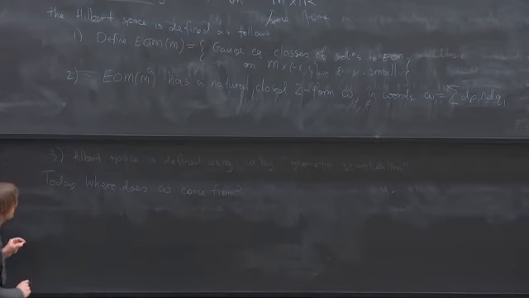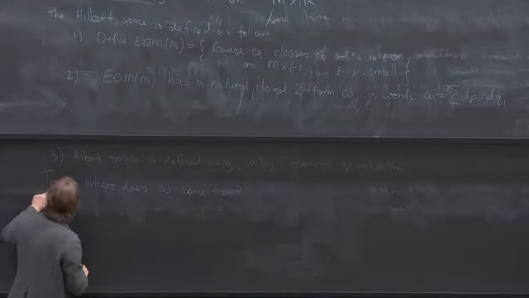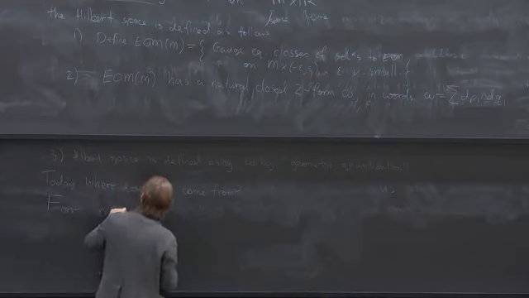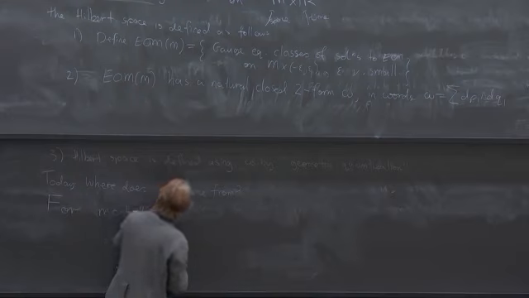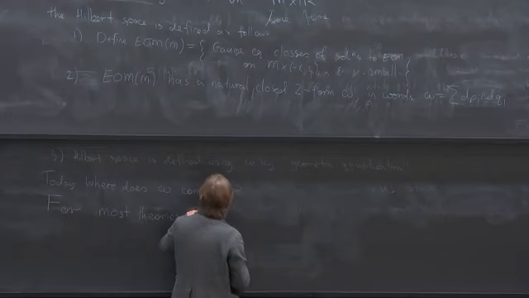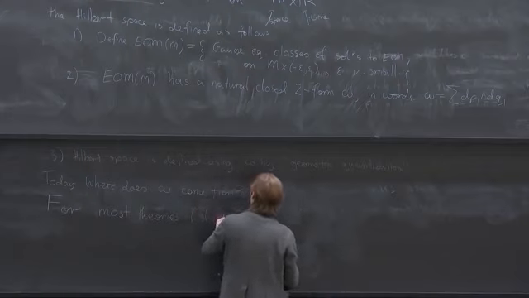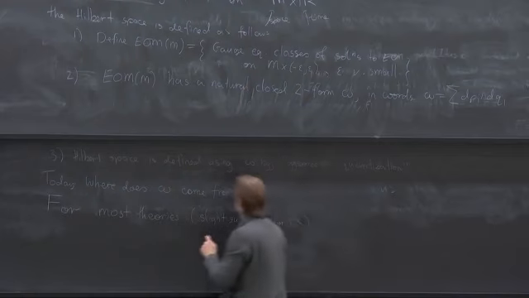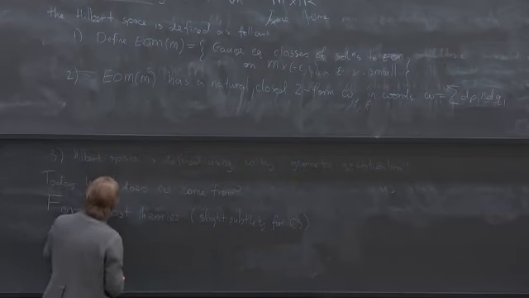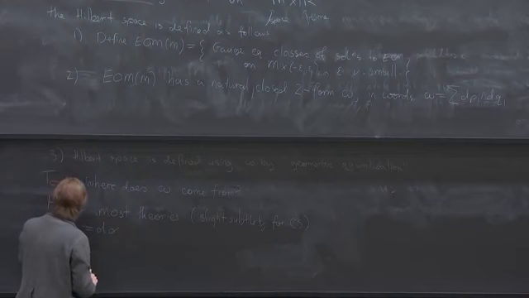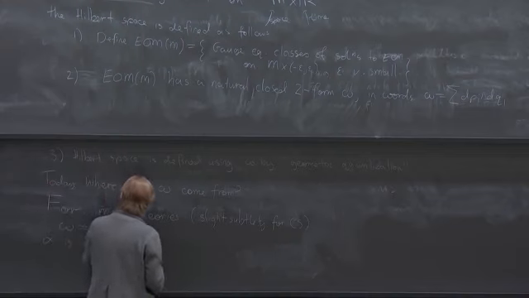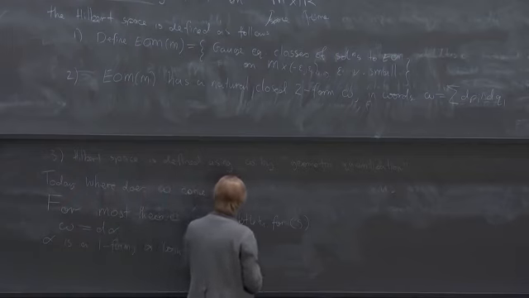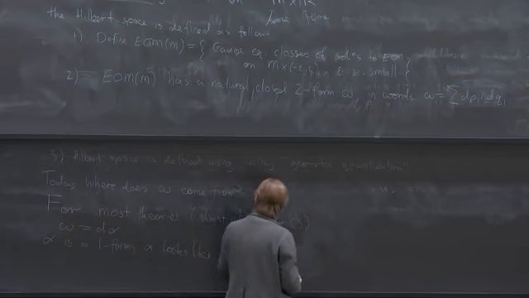Well, what we're going to find is that for most theories, and here there's a slight subtlety for Chern-Simons theory, but we'll deal with that when we come to it, omega is equal to d alpha, where alpha is a one-form.